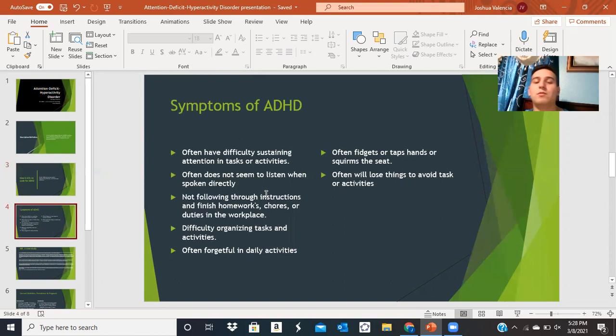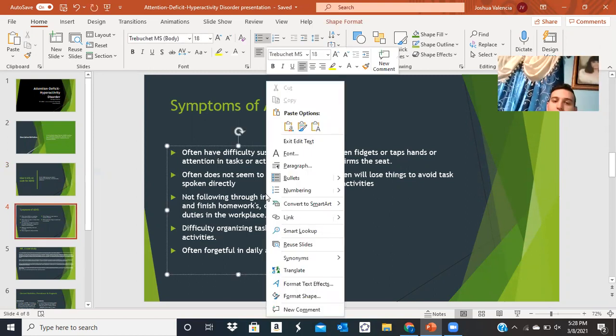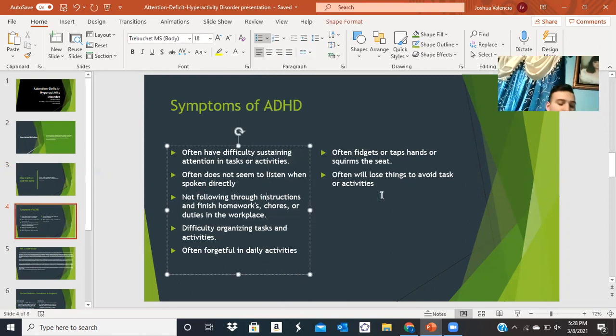So what are the symptoms of ADHD? Some of the symptoms of ADHD include often having difficulty sustaining attention in tasks or activities. This could include difficulty remaining focused during lectures, conversations, or lengthy reading.